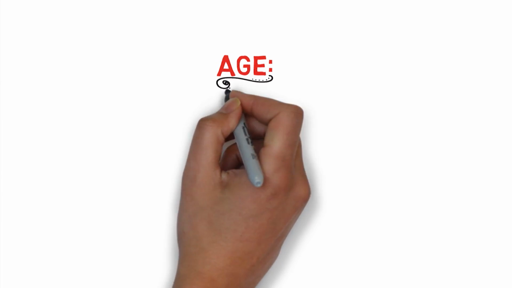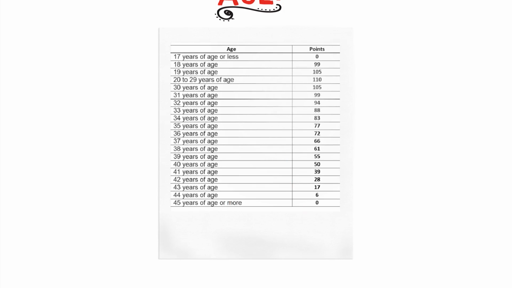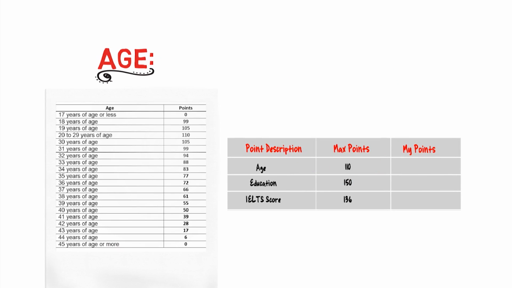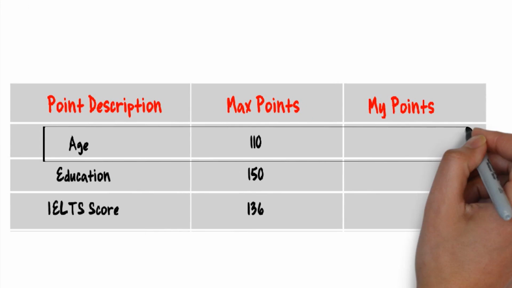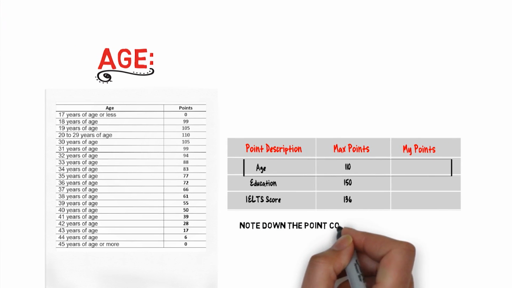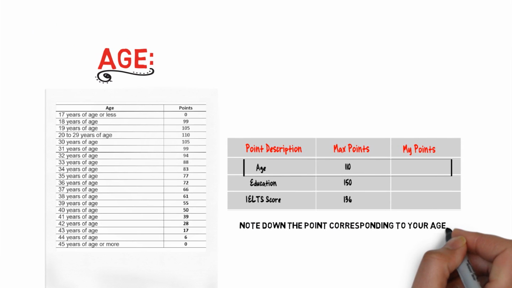Here is the list of points awarded for age. If you have my worksheet or if you have the paper, note down the point corresponding to your age. If you need more time to see the chart, please press on the pause button on the video and have a look in depth. This chart starts with 17 years or less of age and it awards 0 points, and ends with 45 years or more, again with 0 points.